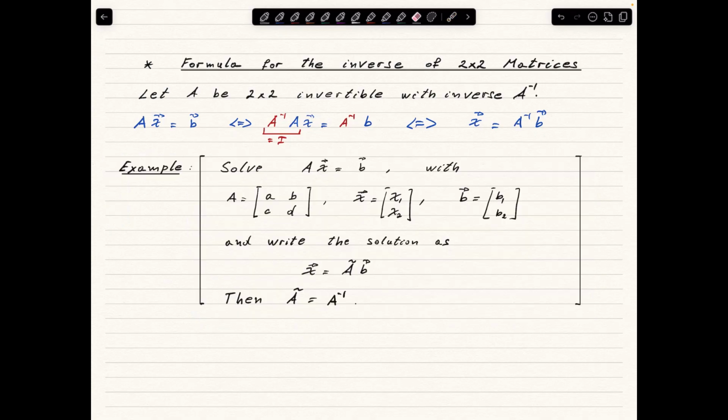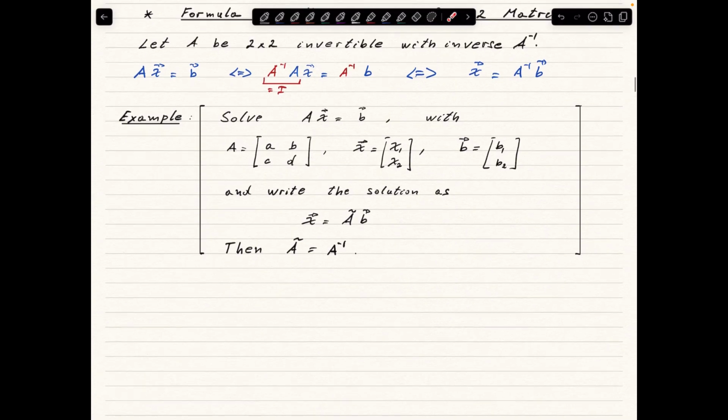So a little bit more precisely, we need to solve a system of equations of this form where A is an arbitrary coefficient matrix 2 by 2 and B is an arbitrary right hand side, and we need to write the solution in this way, because if we write the solution in this way, then this matrix that we have here is the inverse matrix of the coefficient matrix A in the system. So that's the plan. We are going to solve the system and find the formula for the inverse matrix.